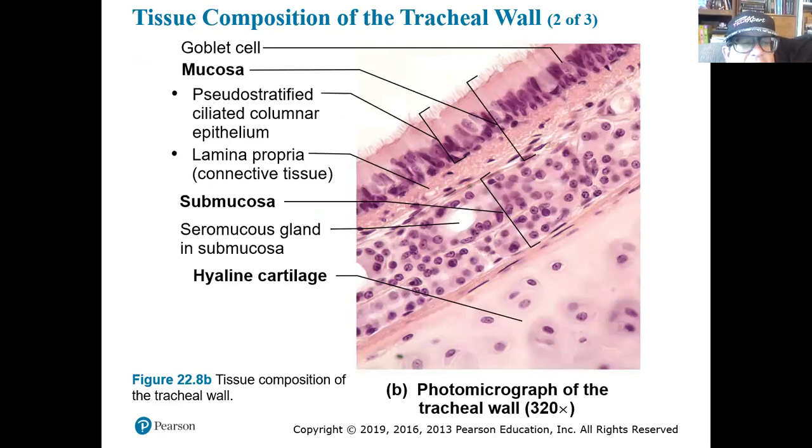So the lining is pseudostratified ciliated columnar, with cilia because we need to move the mucus away from the lungs and towards the mouth. Mucosa because we are making mucus. That's how we're trapping bad things that don't belong. Lamina propria is the connective tissue that holds all that stuff together. The goblet cell is the cell that makes the mucus.